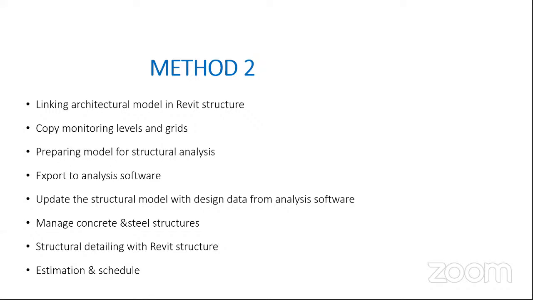This can be achieved by a copy monitoring method, which means that Revit monitors the copied objects with the object it has been copied from. If the architect makes a change to something that is monitored, then a message will appear when the link is updated.